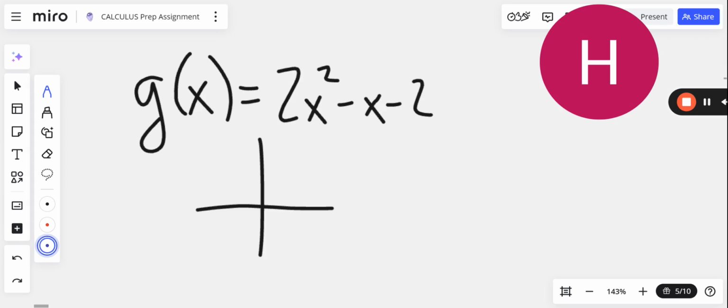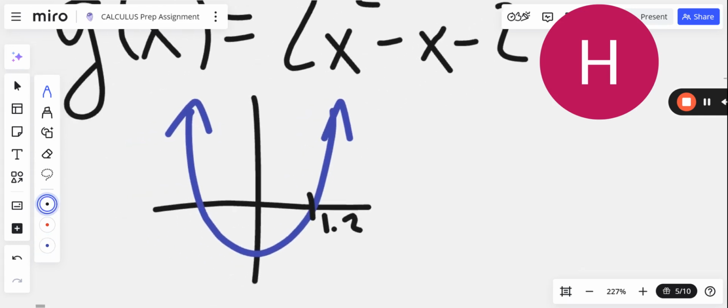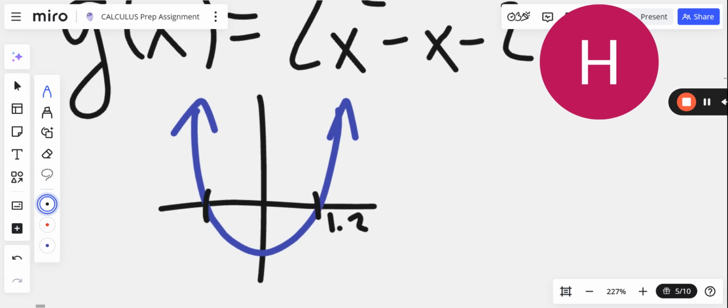So what that means is that it's going to be going through the graph twice. And I did kind of mention roughly where that's going to happen. I said that it's going to happen approximately at 1.2 on the positive side. It's going to happen at about negative 0.72 on the negative side.